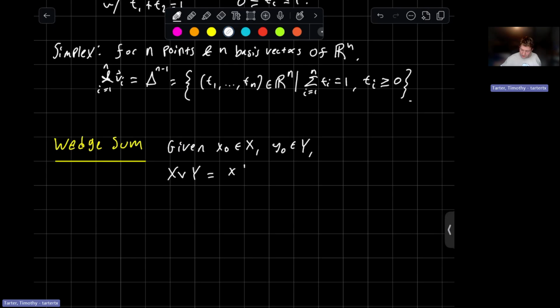So this is equal to X coproduct Y mod x_0 similar to y_0. And I'm pretty sure this is like gluing things together at a point.